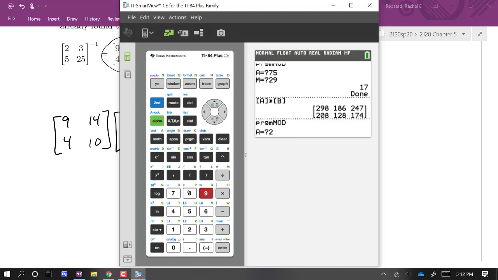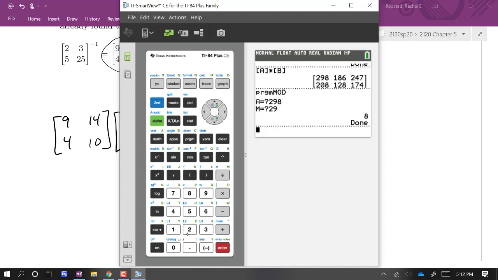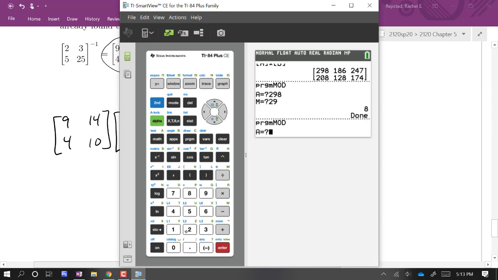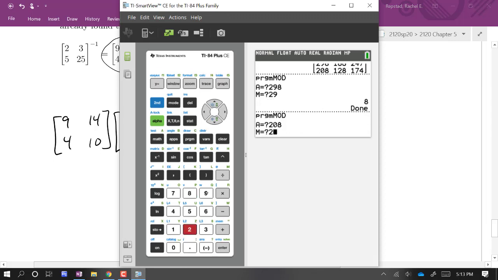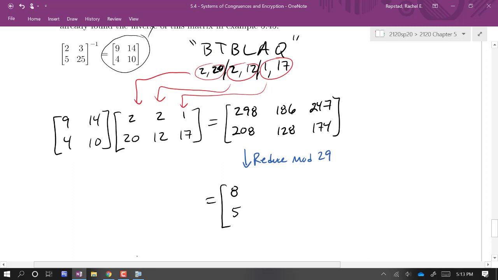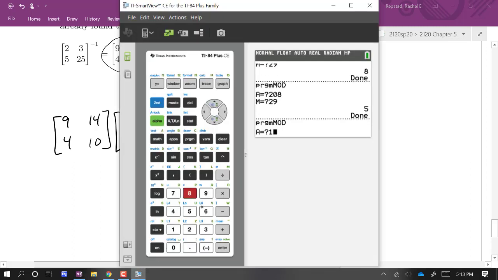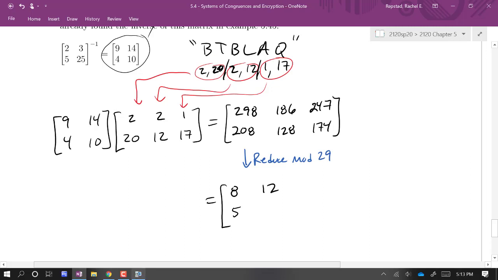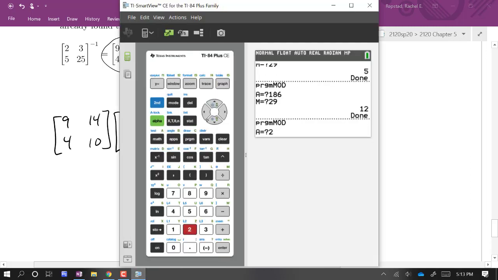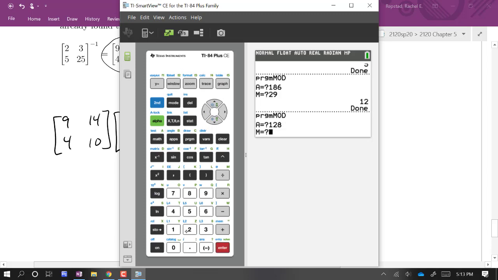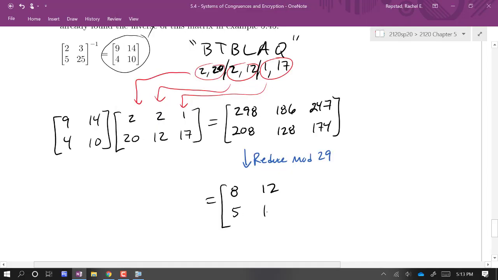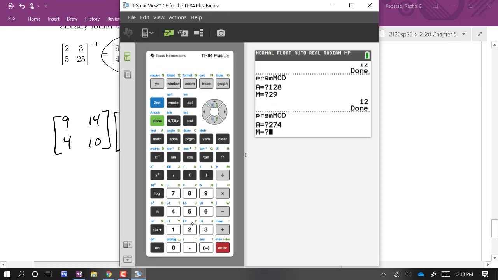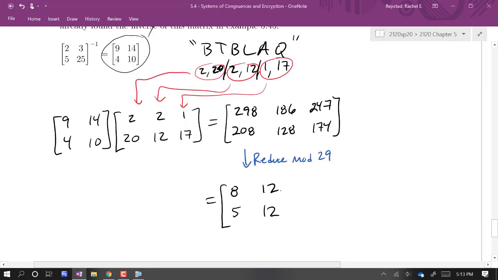So 298 mod 29 is 8. 208 mod 29 is 5. 186 mod 29 is 12. 128 mod 29 is 12.